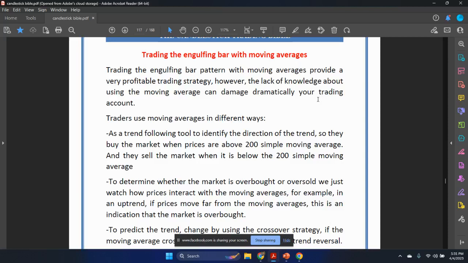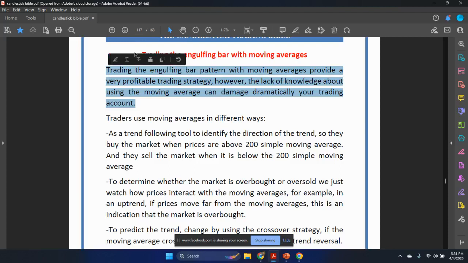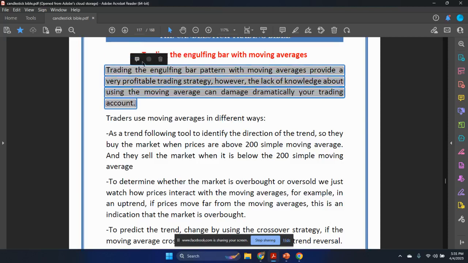However, the lack of knowledge about using the moving average can dramatically damage your trading accounts. Let's put a red here, because that is some real talk.